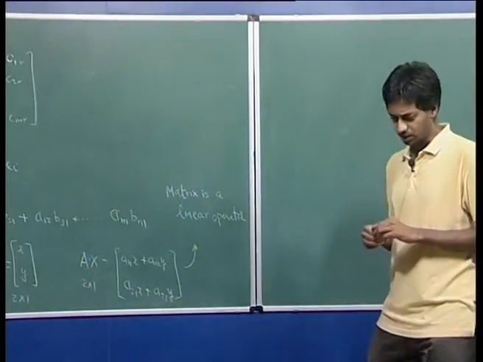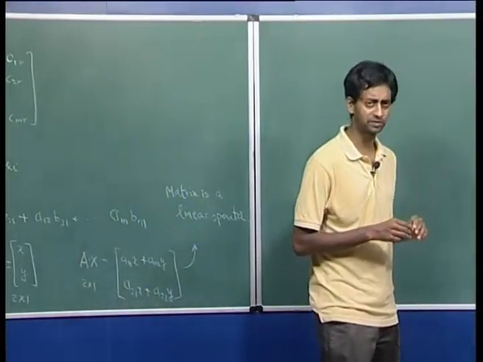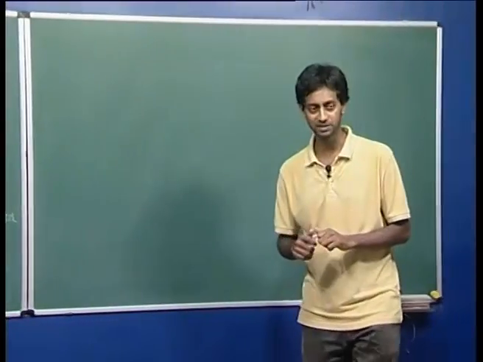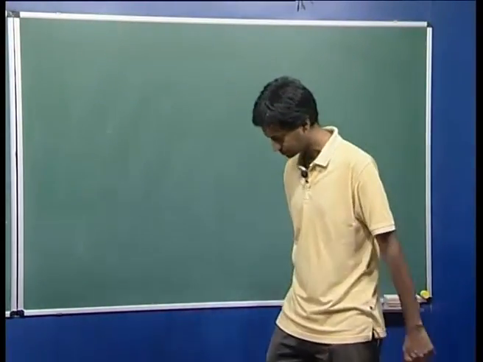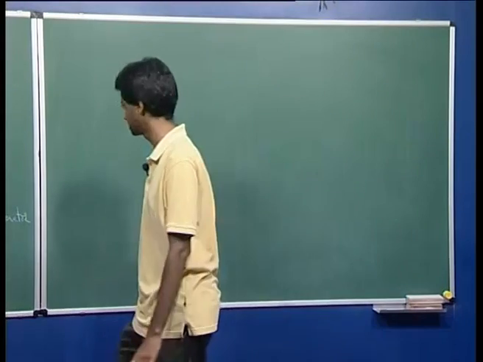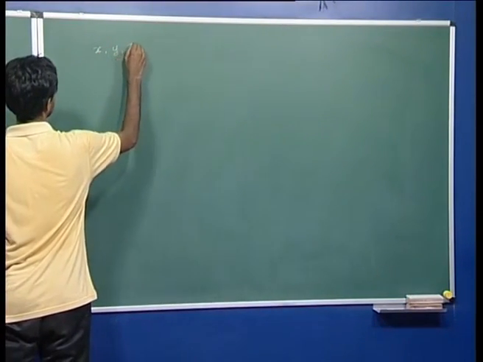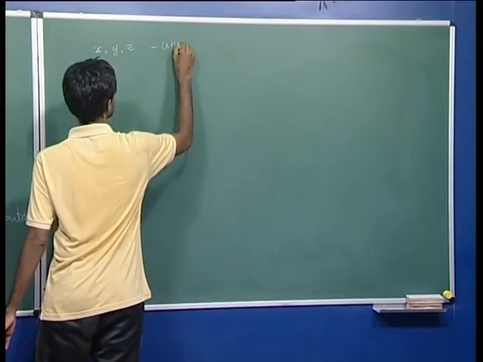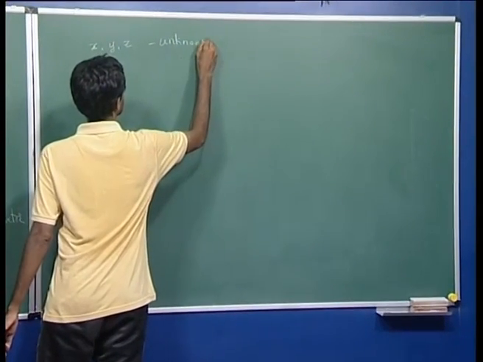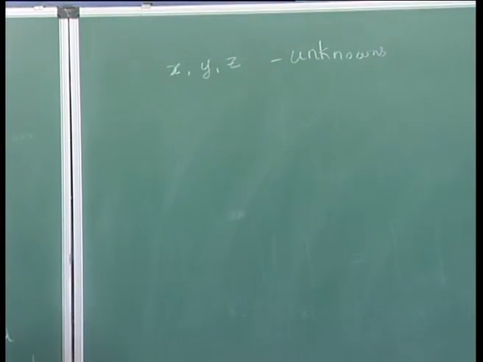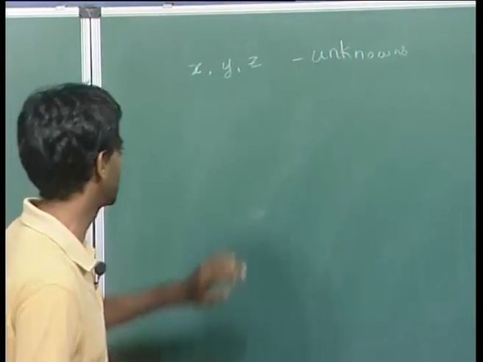Okay. Now, one of the most important motivations of matrices and the use of matrices is in solving a system of linear equations. What do you mean by a system of linear equations? Suppose you have three unknowns, x, y and z. Okay. Now, a system of linear equations would be various equations involving x, y and z.